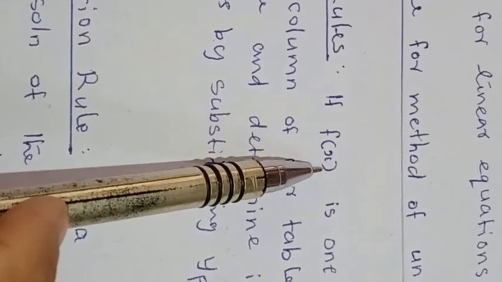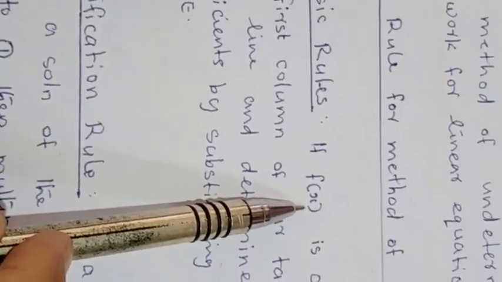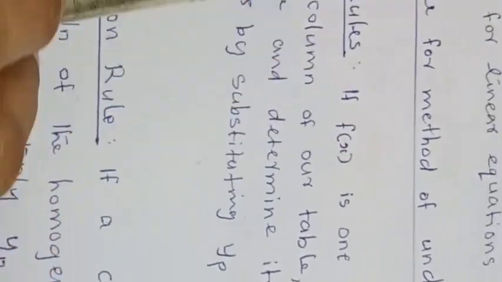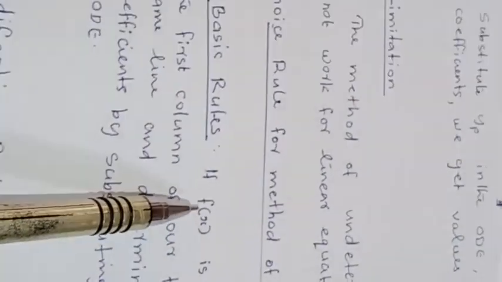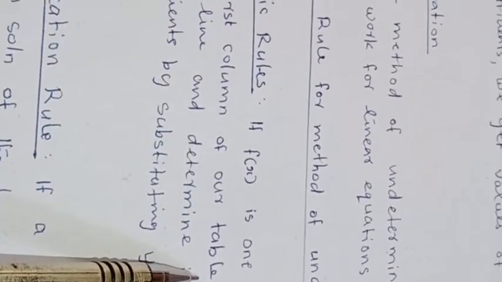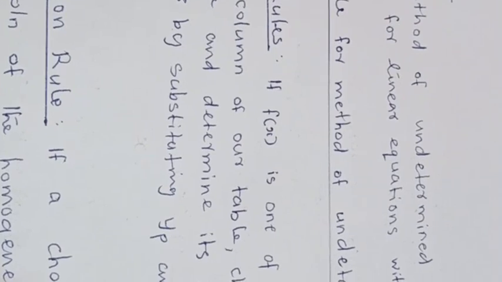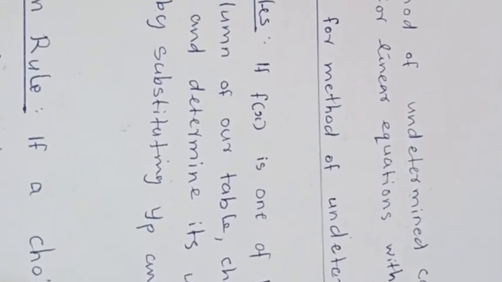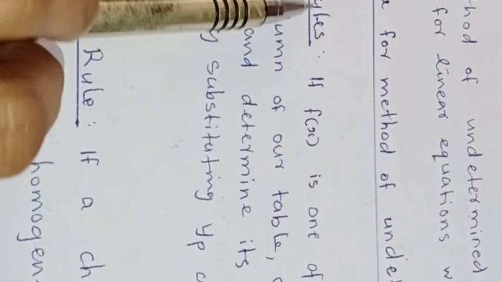Suppose your f of x is exactly the same as the first column of our table, then you can select the same yp as in the given table. That is the first rule, called the basic rule.